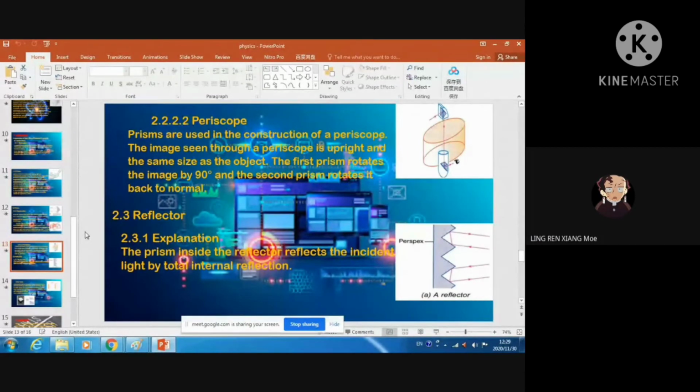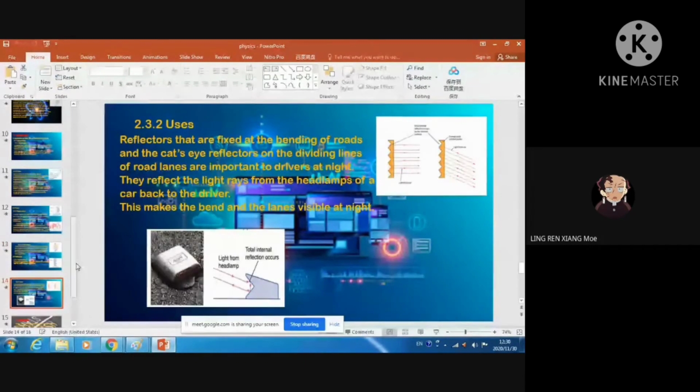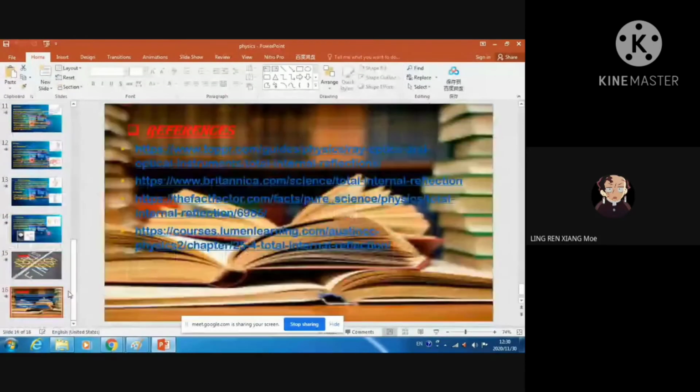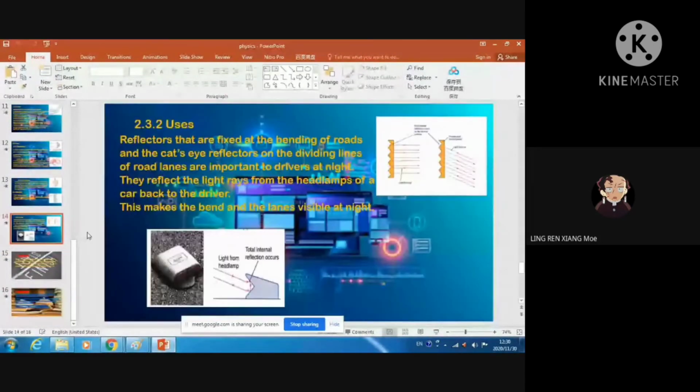2.3.1 Reflector explanation. The prism inside the reflector reflects the incident light by total internal reflection. 2.3.2 Use. Reflectors are fixed at the bends of roads and in cat's eyes.